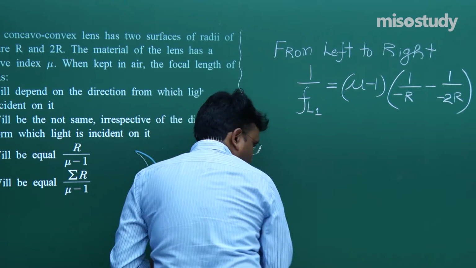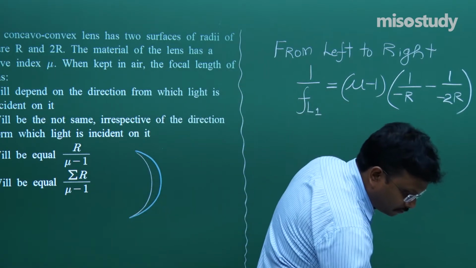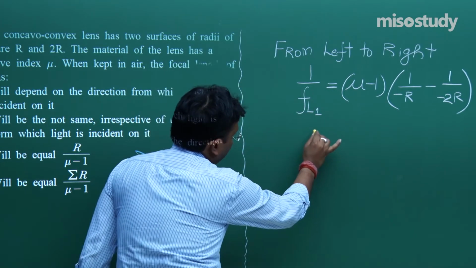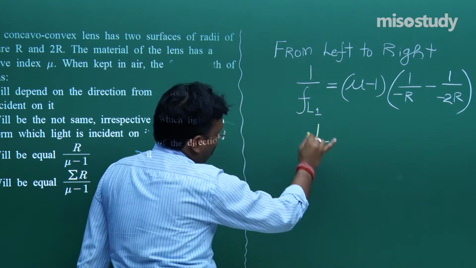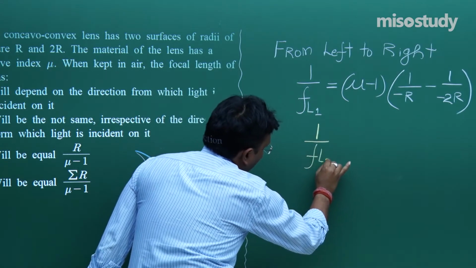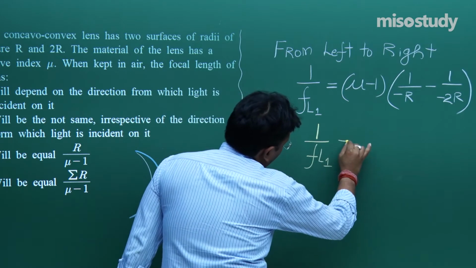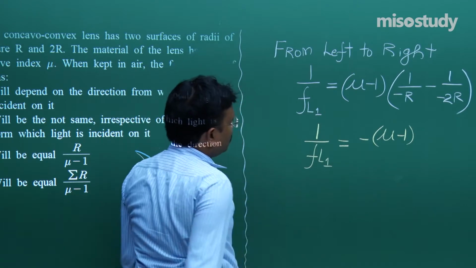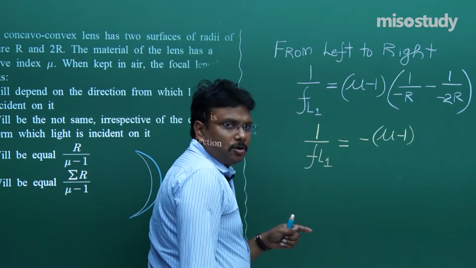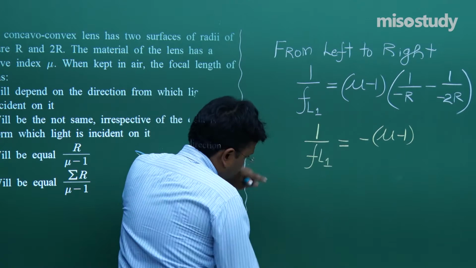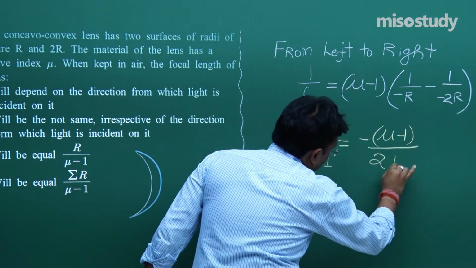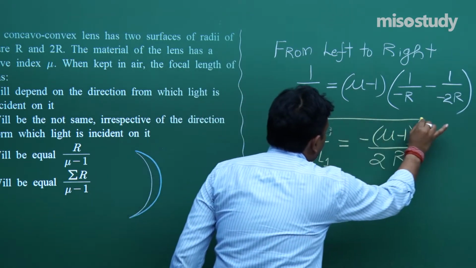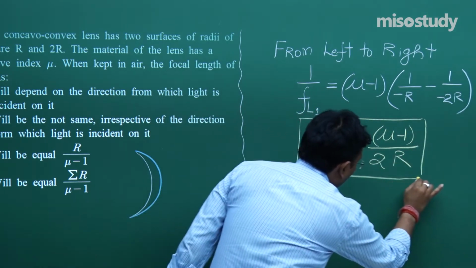Ultimately, let us use this different color chalk to show you 1 upon f L1 is equal to minus (mu minus 1) upon 2R. Using the same color is sometimes going to be monotonous. That is why it is better to use different colors. Okay, so let us close this relation in a yellow box.